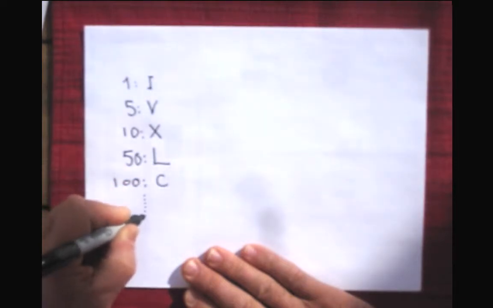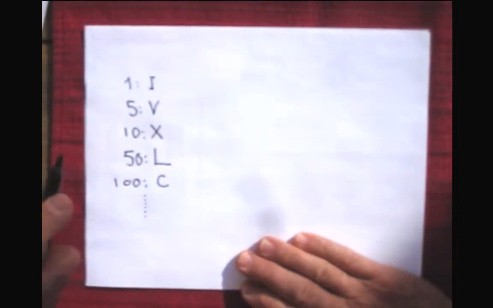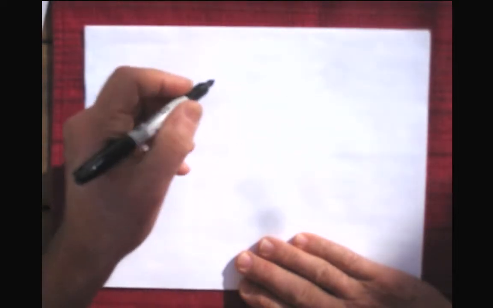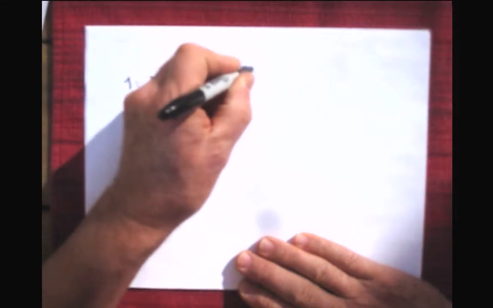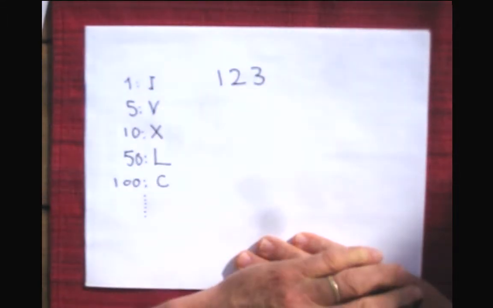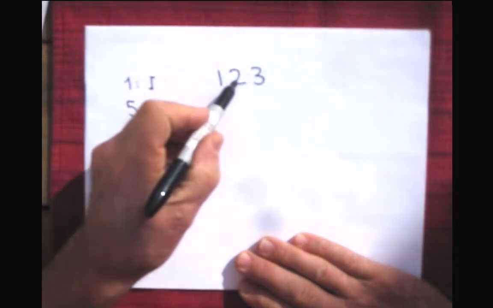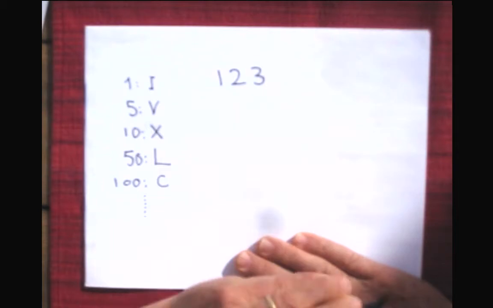As you go up, you have to make up new symbols for bigger and bigger numbers. When he sat down with the Arab mathematician, they wrote numbers very differently. They used different symbols, like this one. 1, 2, 3, the ones we would recognize. And Fibonacci said, oh, that's easy. If this stands for a 1, and that's a 2, and that's a 3, then this number stands for 1 plus 2 plus 3 is 6.